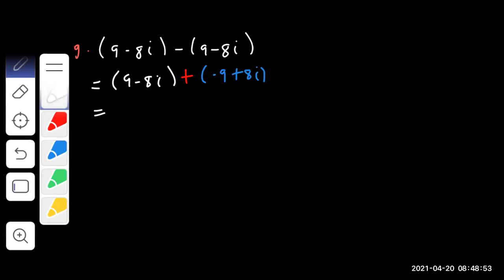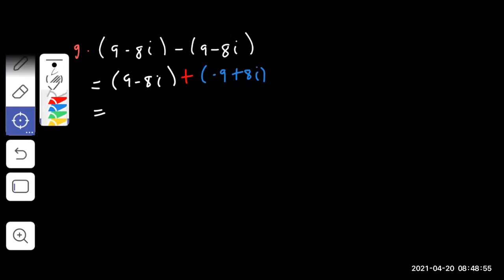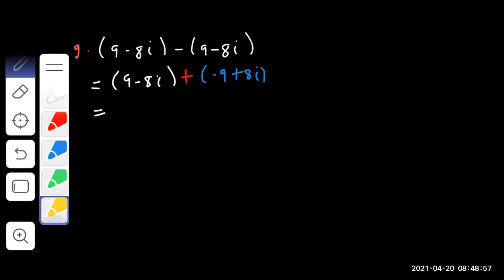Now that this is an addition, this is easier. We can manage to solve this: real part to each other, imaginary part to each other. What is the real part of the first complex number? 9, correct. And the real part of the second complex number?